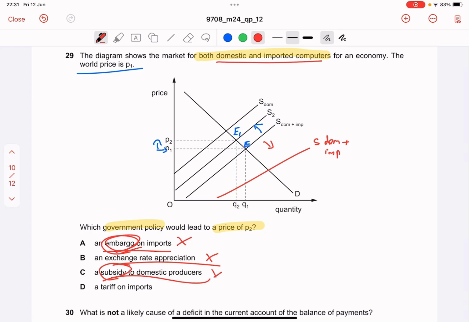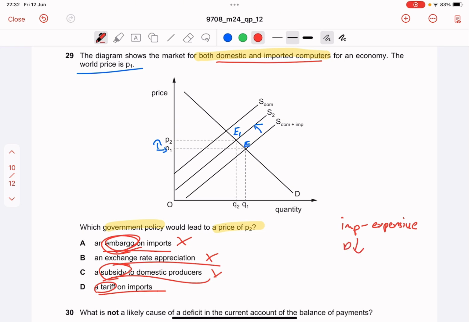Cross that off. Now the last one says a tariff on imports. So what are tariffs on imports? Tariffs are a tax on imports. So if there is a tax on imports, imports will become more expensive. So if they become more expensive, consumers are less attracted to buying imports, so the demand for imports will fall.